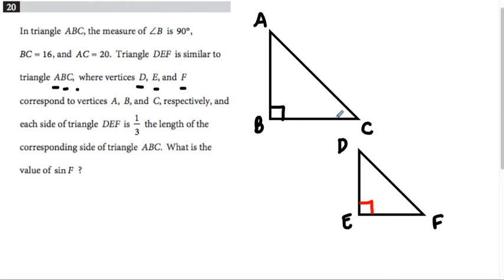Now it says that BC, so this length is 16, and AC is 20. And it said that each side of DEF is 1/3 of the side of ABC. What is the value of sine of F? Okay, well, the bottom line is if these are similar triangles, then their side lengths are in proportion.